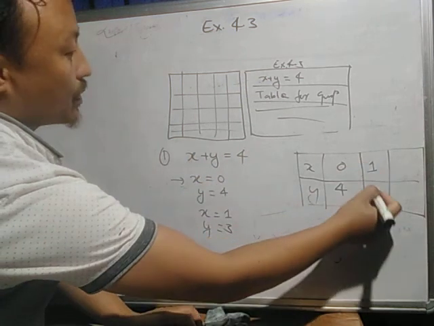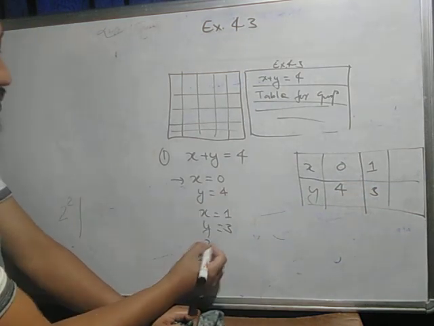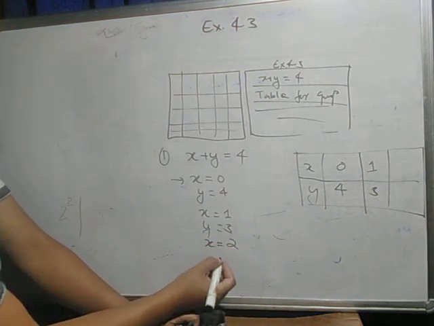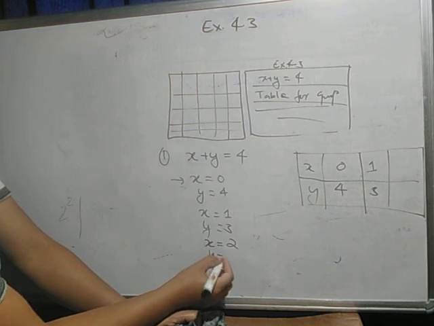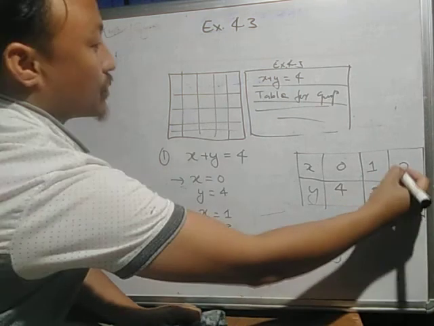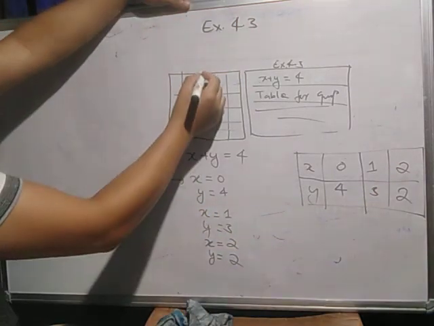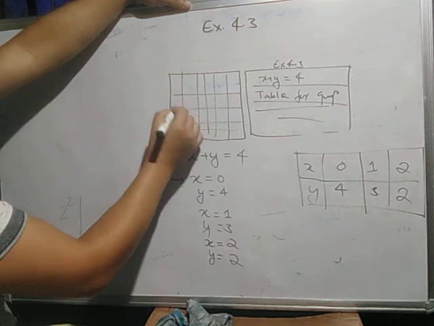So x is 1, y is 3. Again for the third point x equals to 2, so y equals to 4 minus 2, which is 2. So 2, 2. Now draw over here nicely.